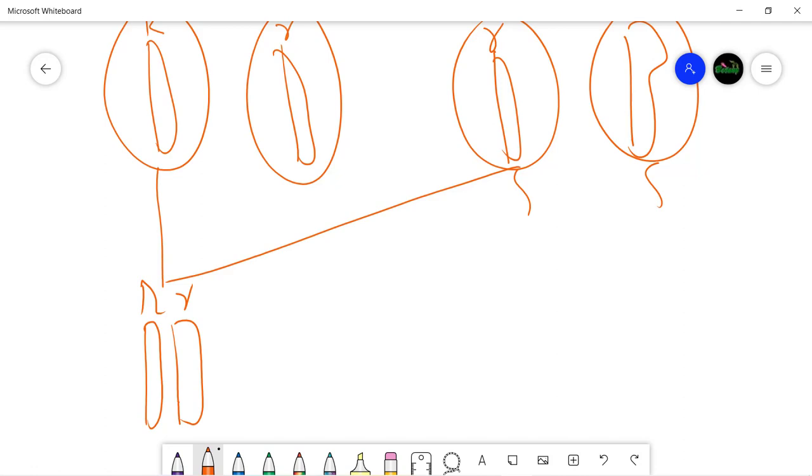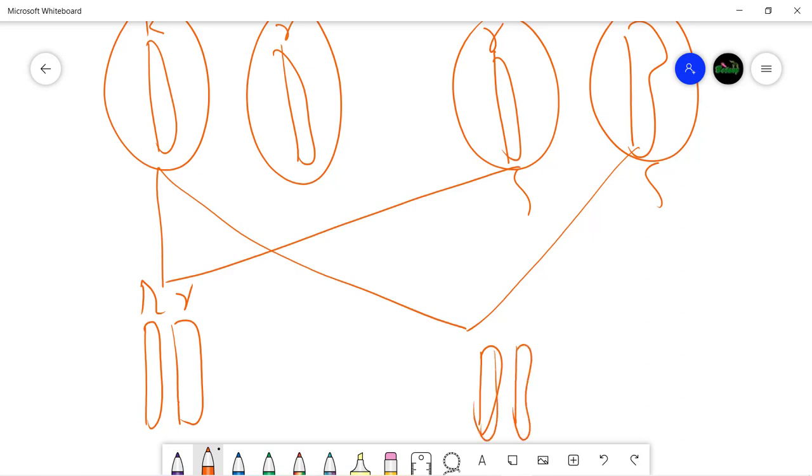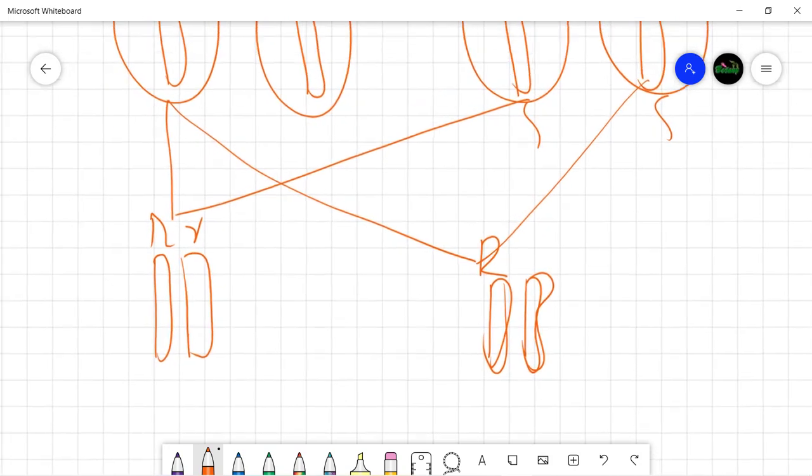Similarly, this particular sperm can fertilize this egg, and we get a result like this. This is a Y chromosome. Now, since this chromosome is carrying the dominant allele, this will be a red-eyed male.